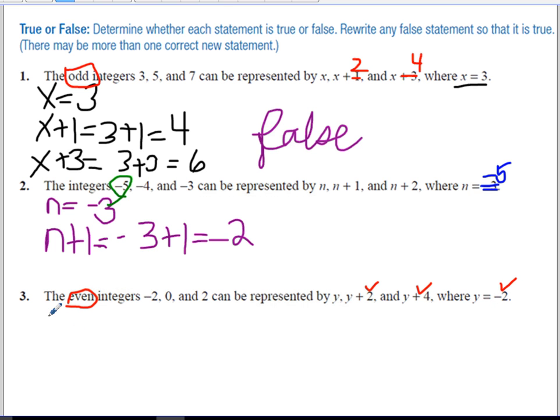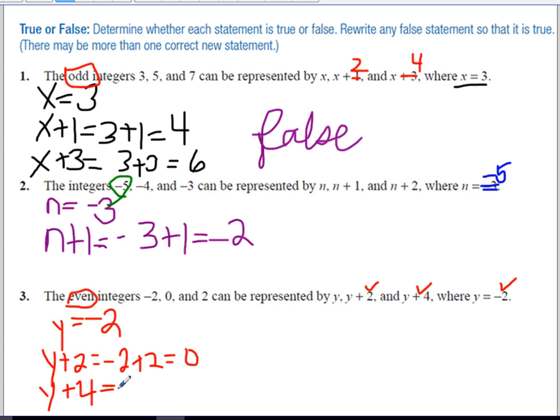We could even check that it is going to be a true statement because y is our smallest, -2. y plus 2 would equal -2 plus 2, which is 0. And then y plus 4 leaves us -2 plus 4, which is +2.